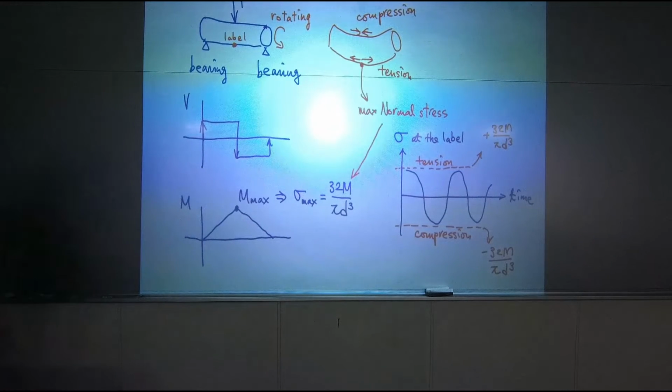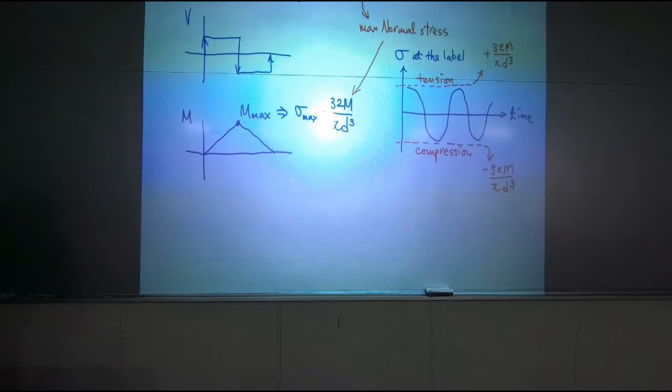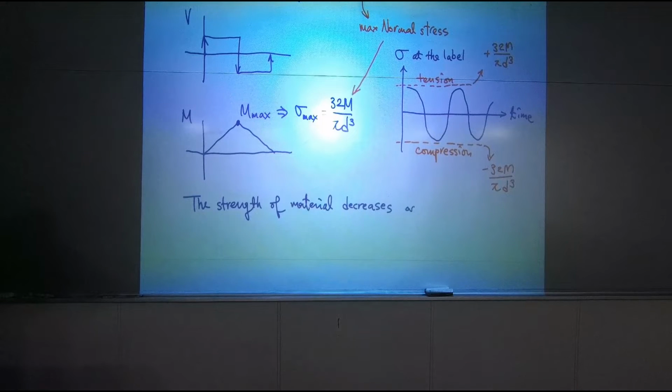So one key idea is that the strength of material decreases as the cycle time of fluctuating load increases.